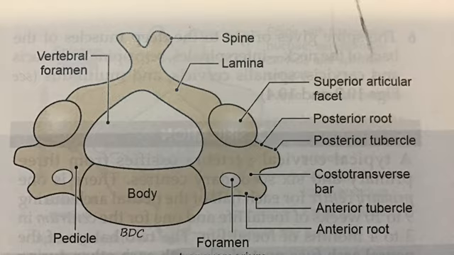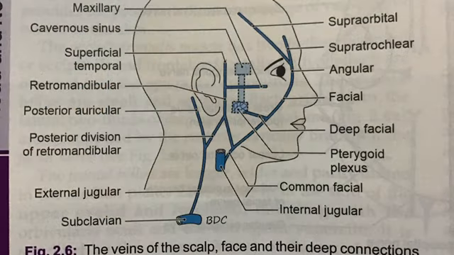This is regarding the veins of the skull, face, and their deep connections with the cavernous sinus. Any infection in the facial vein of the face can connect through the deep facial vein to the pterygoid plexus, and then it's connected with the cavernous sinus in between.